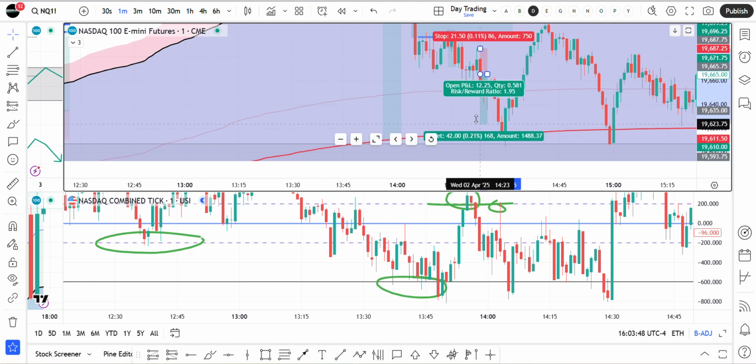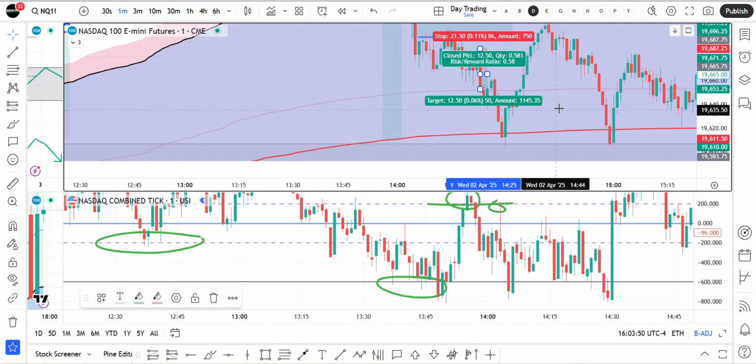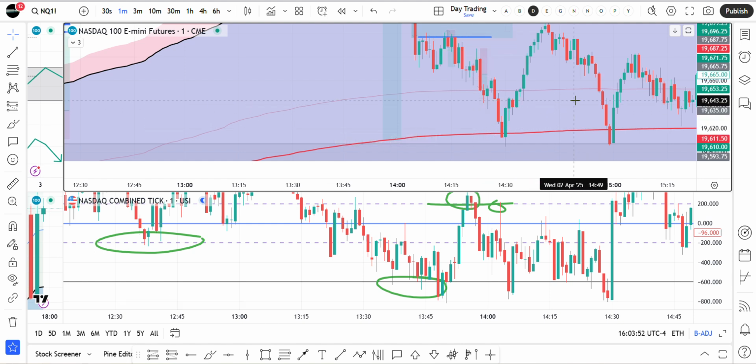And we are out again. Ooh, that's really bad actually. 1425 pushes through the highs, and we need to get out.